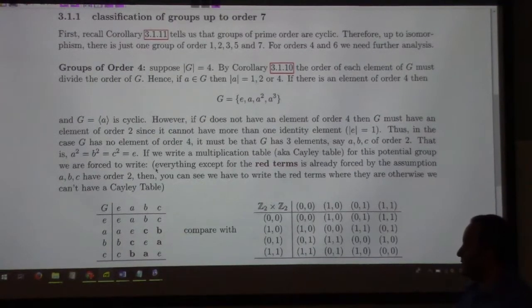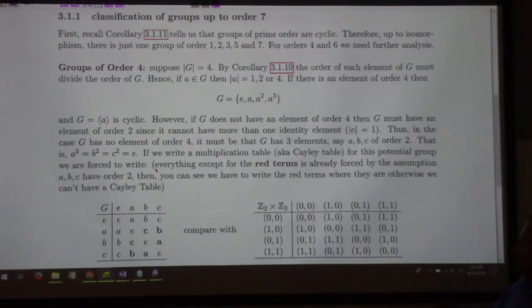If you look at groups of order 4, we have seen that you can have a cyclic group of order 4, right? If you don't have a cyclic group of order 4, that means what? It has to be the Klein 4 group, because it has to have more than one element of order 2, right?